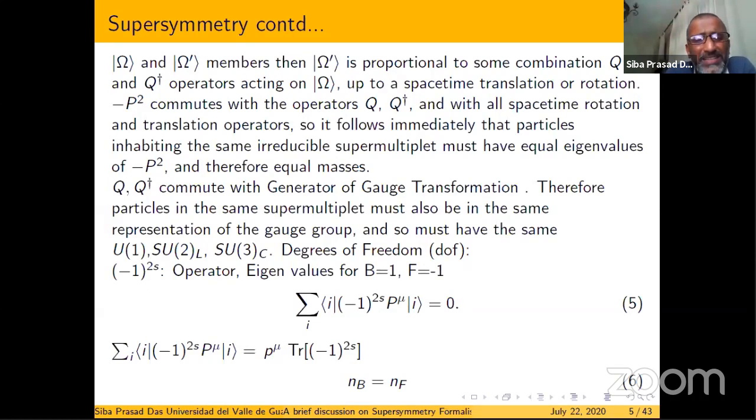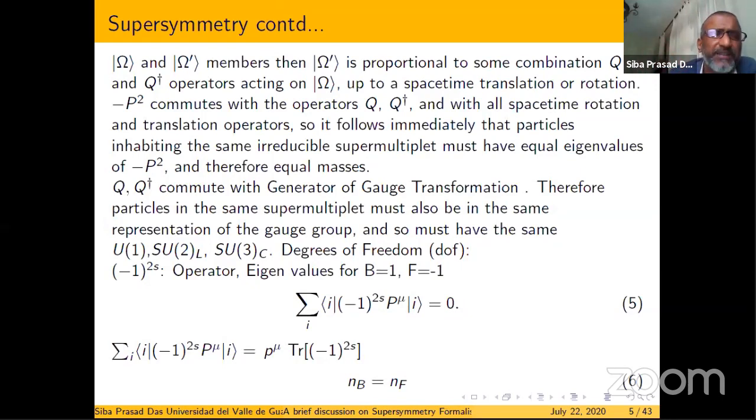So now there is a Q and Q dagger. That is also another property of the fermionic spin half operator. Q dagger commutes with the generator of the gauge transformation, because we'll come back to what the gauge transformation is. We are working on the standard model and going to supersymmetry.